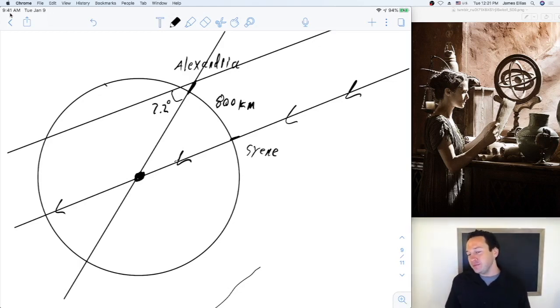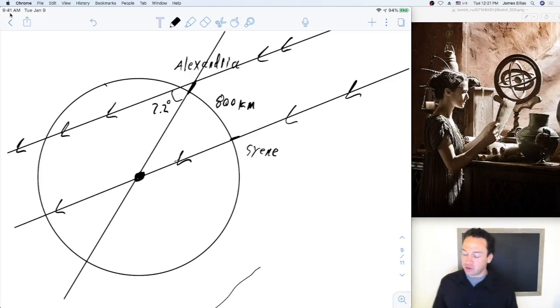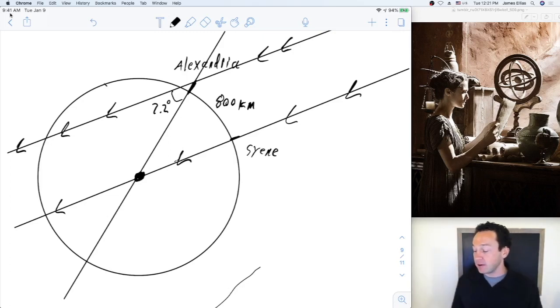Now, what Eratosthenes does is he assumes that the sun rays striking Alexandria and the sun rays striking Syene are parallel. Now, this is an assumption, and I'm going to cover this assumption later. It turns out it's an okay assumption to make, but I'm just labeling it as an assumption.